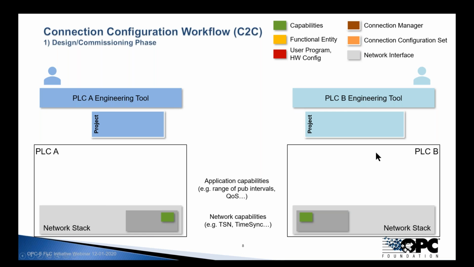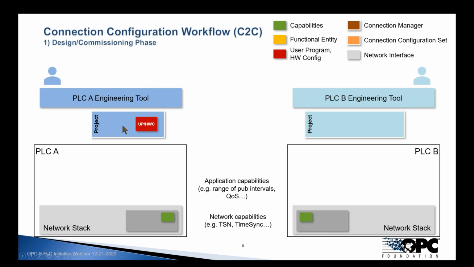And vendor B's PLC, vendor B's engineering tool, and engineer B is sitting here. Let's consider both PLCs should at some point talk to each other. How do we do that? One thing is that engineer A uses the engineering tool as of today to write a user program and the hardware configuration of the PLC.